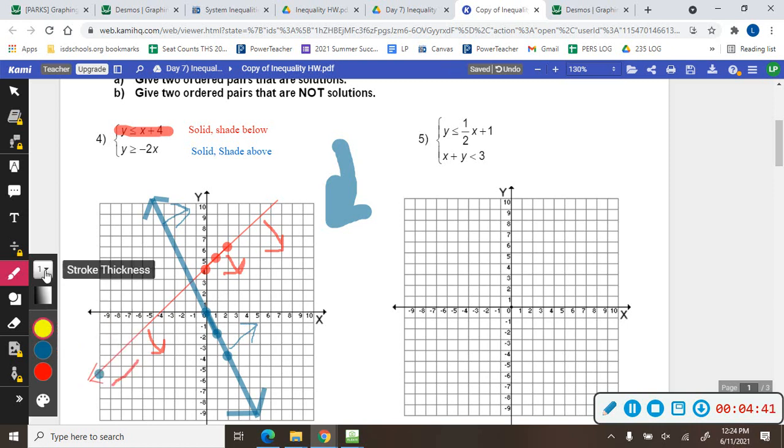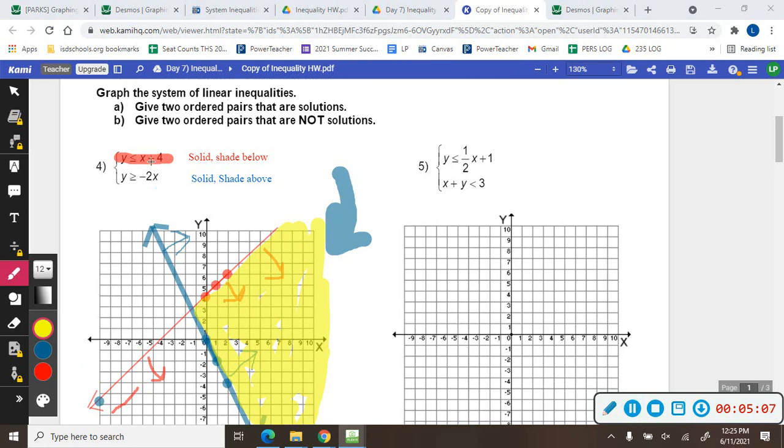So I personally think it's better to get rid of all the shading and just shade in the part that you're trying to show. So I'd say everything over here is in the solution. And I forgot to draw arrows on this. This goes forever that way too.